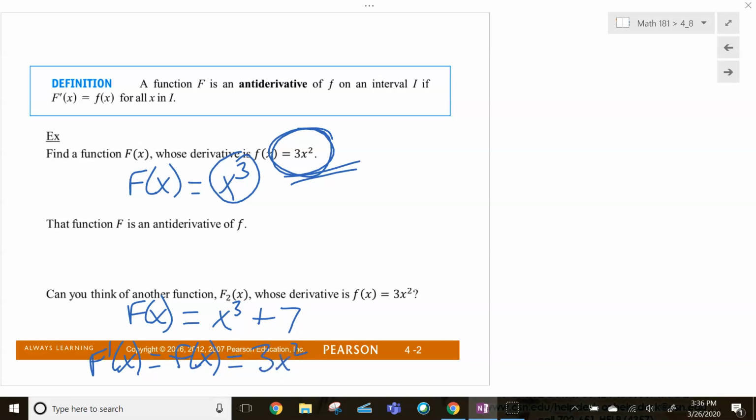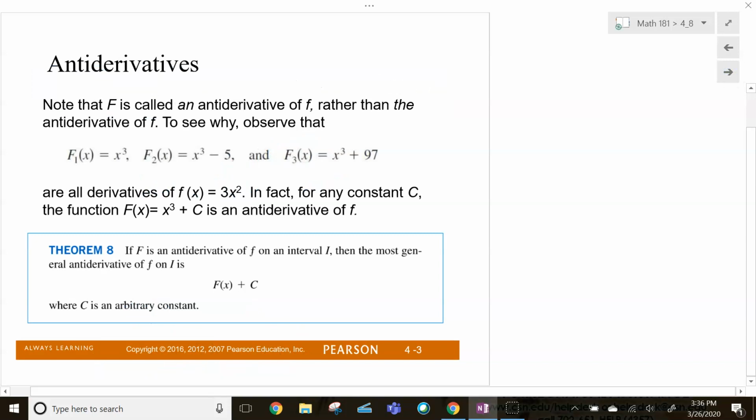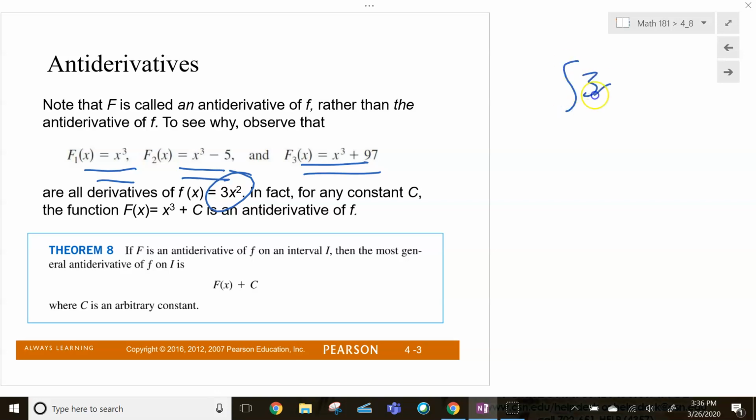Of course, the derivative of 7 is 0. So for any of these functions, when you take the derivative, you get 3x squared. So if the derivative is 3x squared, here's how you note the antiderivative.